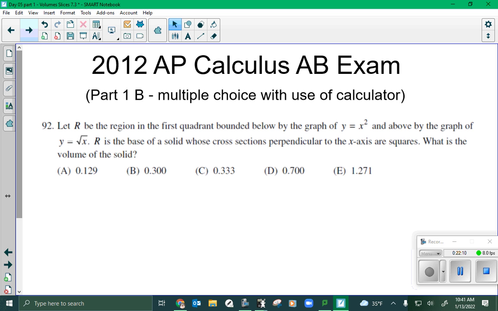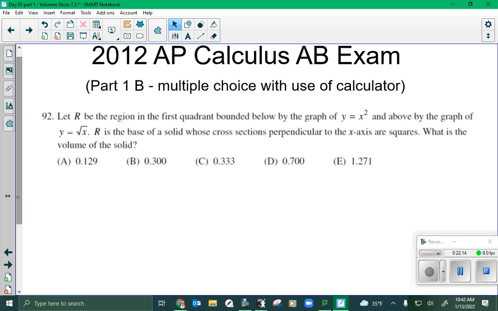So problem 92 on the 2012 AP Calculus AB College exam states, let R be the region in the first quadrant bounded below by the graph of y equals x squared and above by the graph of y equals the square root of x. Capital R, which is the region, is the base of a solid whose cross sections are perpendicular to the x-axis, and they are squares.